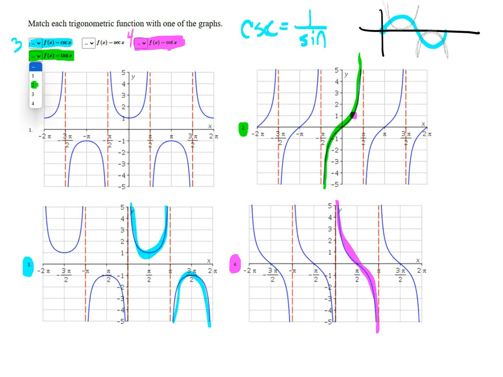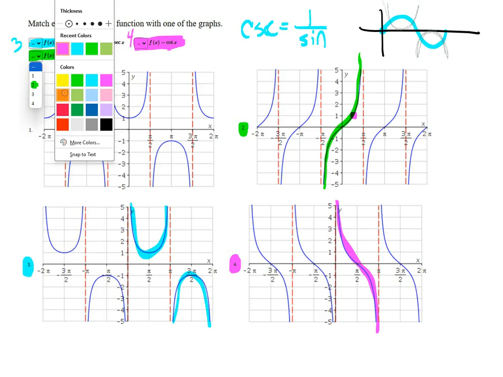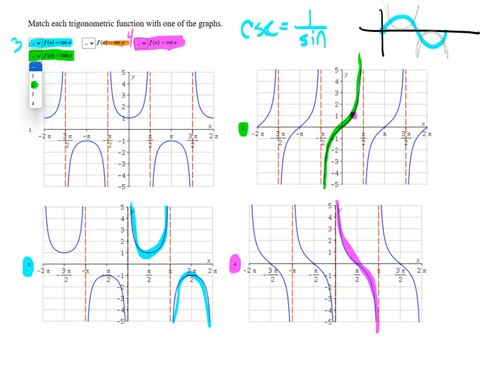Which, by default, leaves me with the last one, which is the secant. And remember that the secant is 1 over the cosine. And if you remember, cosine starts here and goes down and then comes up and finishes that way.